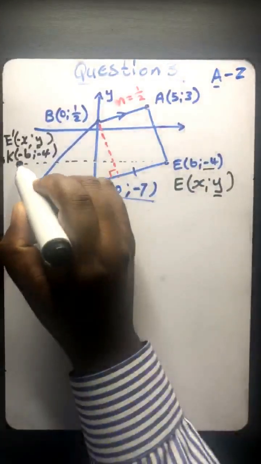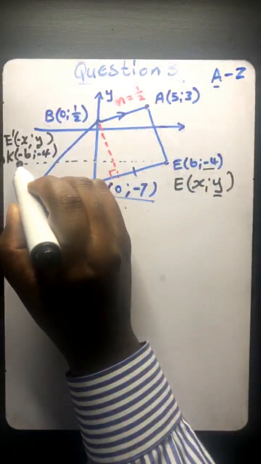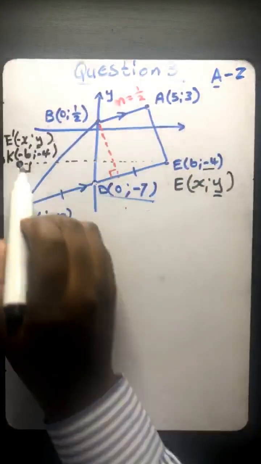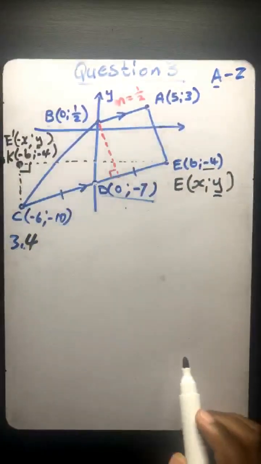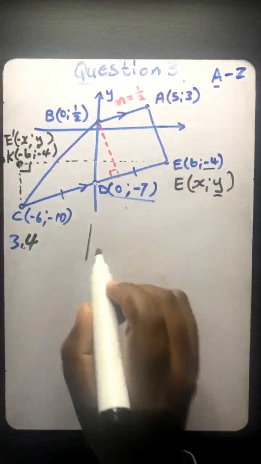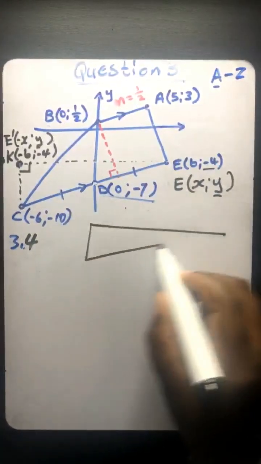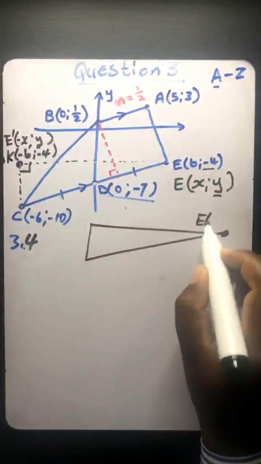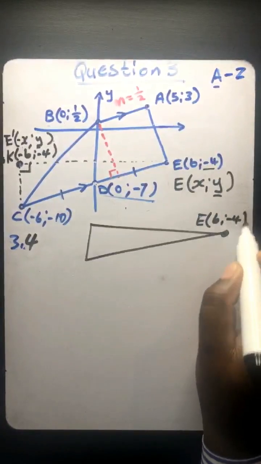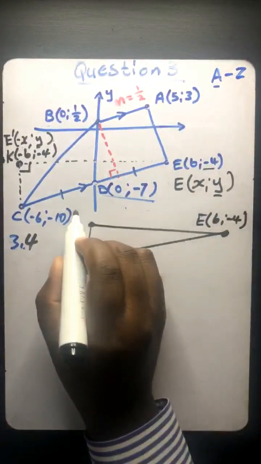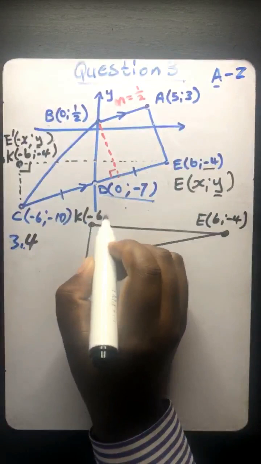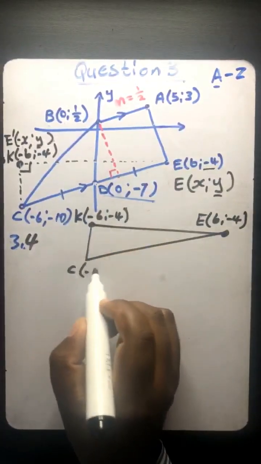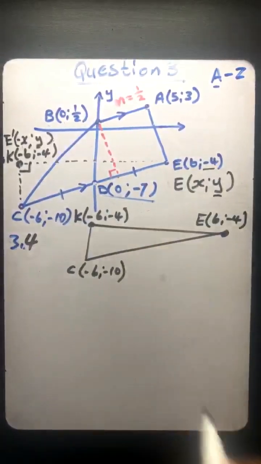So that means you have a K that you can connect with C, forming a 90-degree angle there, because this is a straight line. So it's more like you now have something looking like that, E there having 6 and -4, and then you have your new point there being K being -6 and -4, and then you also have that C there being -6 and negative that.